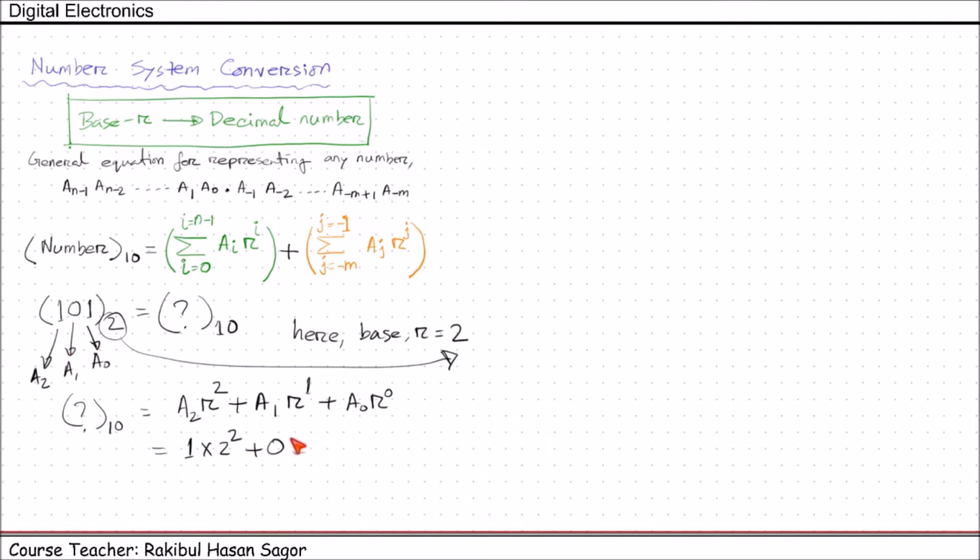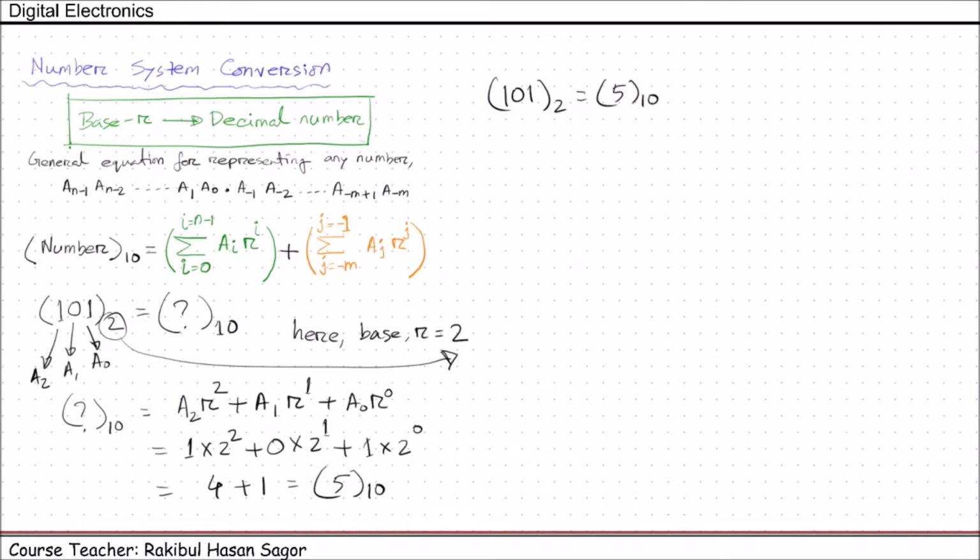So 0 into 2 to the power 1 plus 1 into 2 to the power 0. So the value becomes 4 plus 1, which is equal to 5. So the decimal equivalent of binary 101 is 5.